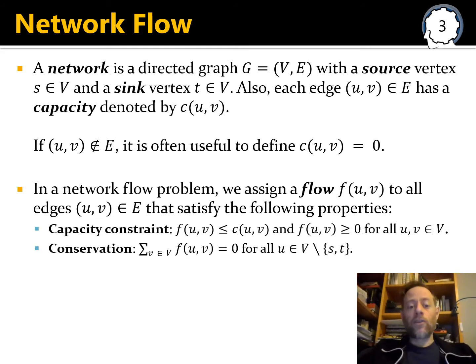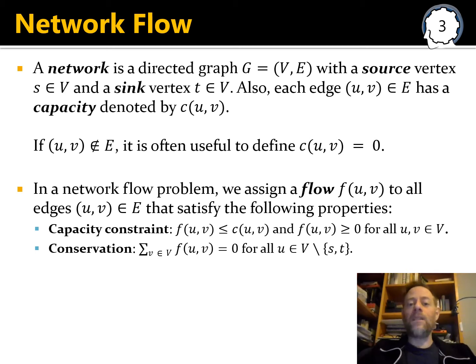And there is also the conservation property, which means that the flow coming into a node is the same as the flow going out of a node. So for each vertex, the sum of flows is 0, except for the source and the sink node. Of course the source node will have all the flow leaving it, and the sink node will have all the flow coming into it.